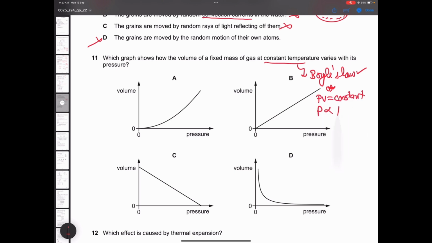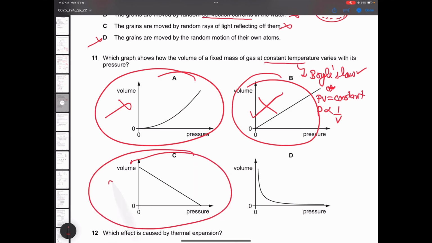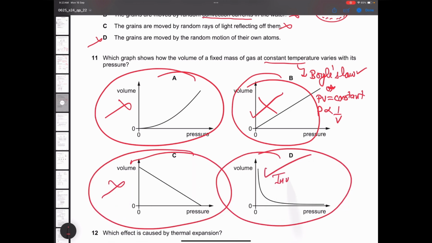So pressure will be inversely proportional to volume. Is this an inverse graph? No. This is a directly proportional graph? No. This looks like an inverse graph. Yes. So this is our inverse graph. As pressure increases, the volume decreases, and as the volume increases, pressure decreases. So this is the best fit.